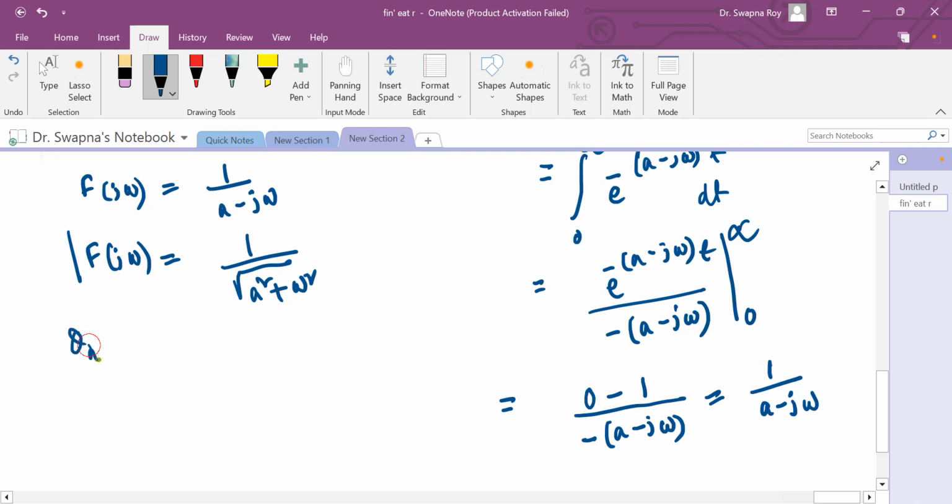And what is theta? This is equal to the angle of F(j omega), which is equal to minus tan inverse of omega by a.